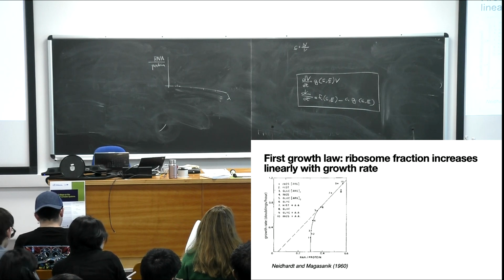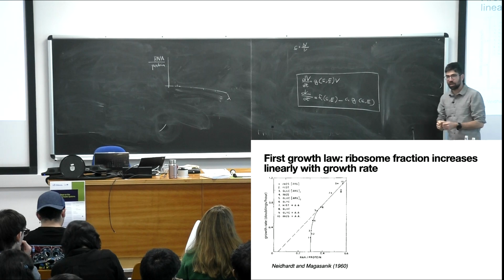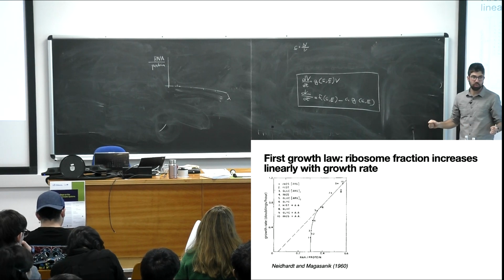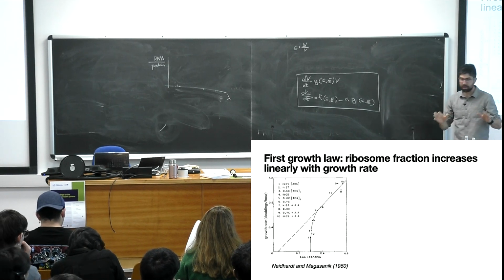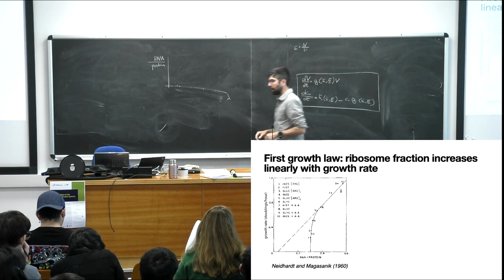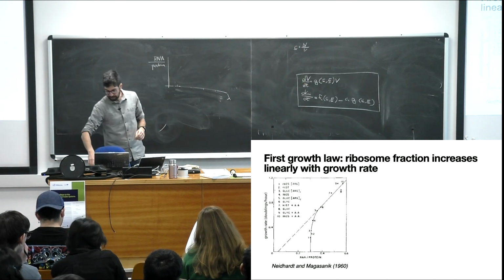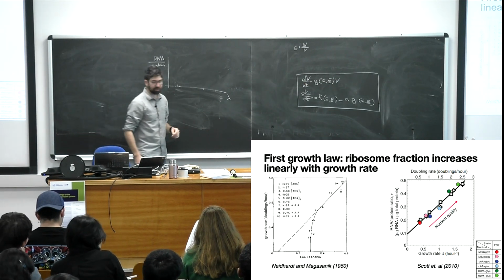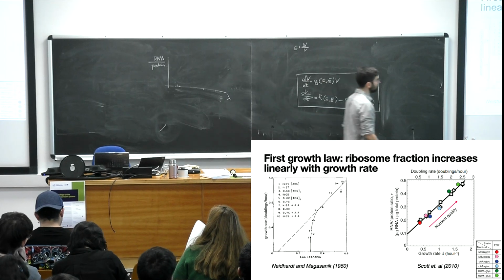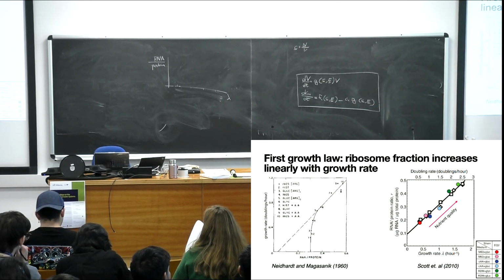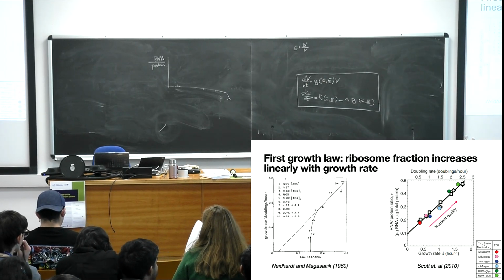Slow growth is harder to investigate. People repeated the plot 50 years later, only for fast growth, and now the axes are reversed. So it's RNA to protein versus the growth rate, as I showed you.